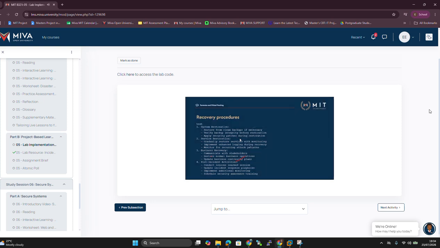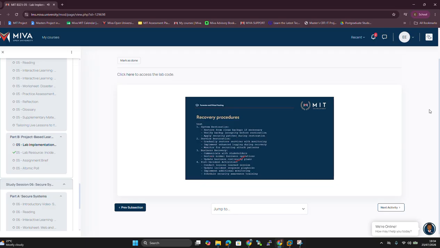Then for recovery procedures, we have system restoration. This time around, you're bringing the system back to life. That can include you going back to your clean backups and bringing back whatever you need.